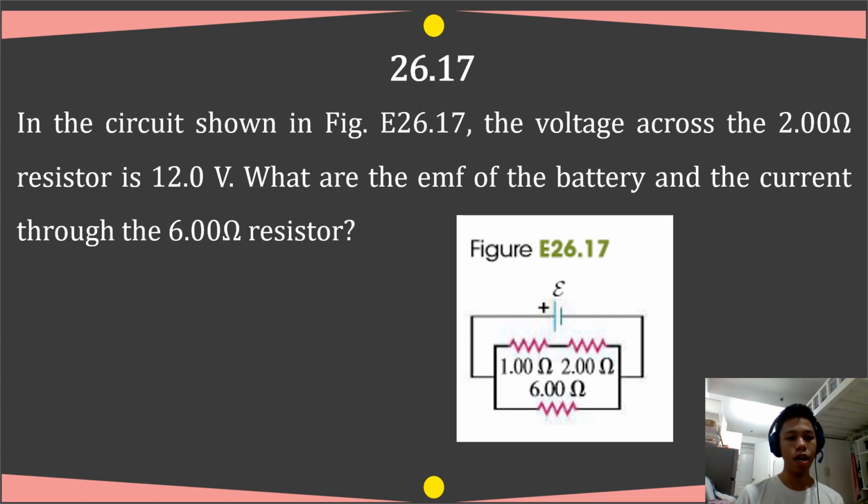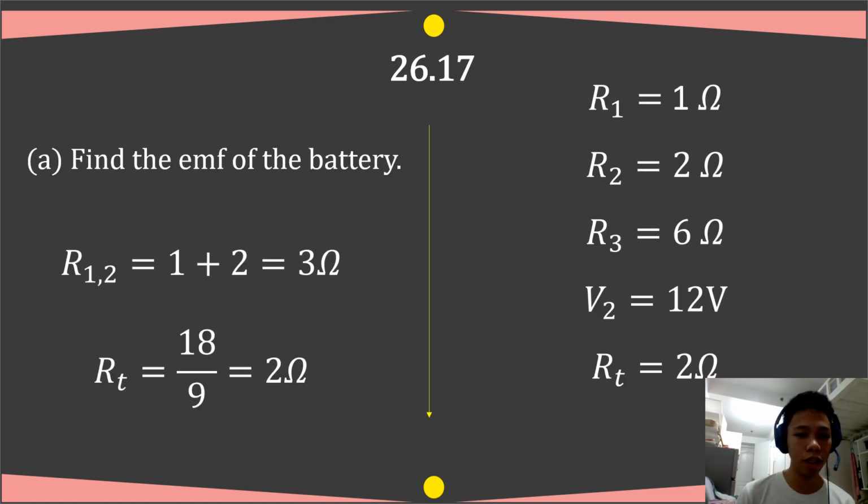Last problem. In the circuit shown in figure 26.17, the voltage across the 2 ohm resistor is 12 volts. What are the electromotive force of the battery and the current through the 6 ohm resistor? First of all, we're going to find the electromotive force of the battery. You get the total resistance of 1 and 2.